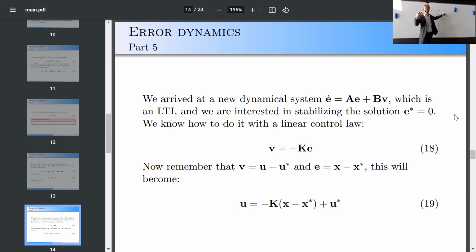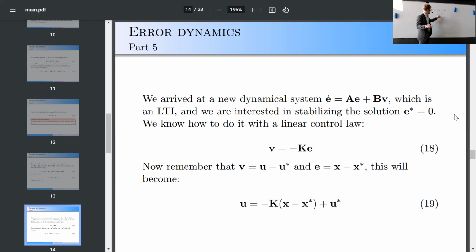You can define your variables differently, but it is only a form. If I wanted an affine control law, I would have added a constant here, or put brackets and added something. Affine control laws can have different formats. But the idea is, here we want to stabilize the origin, so we use a linear control law.